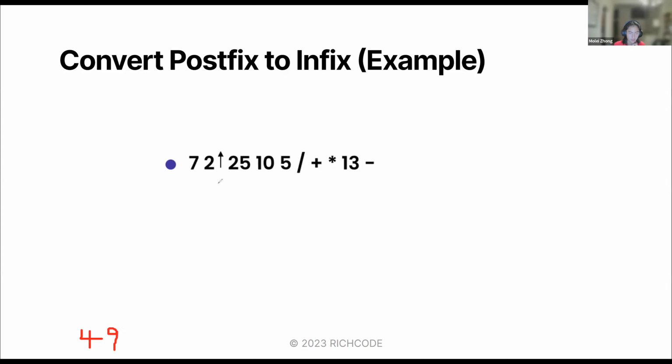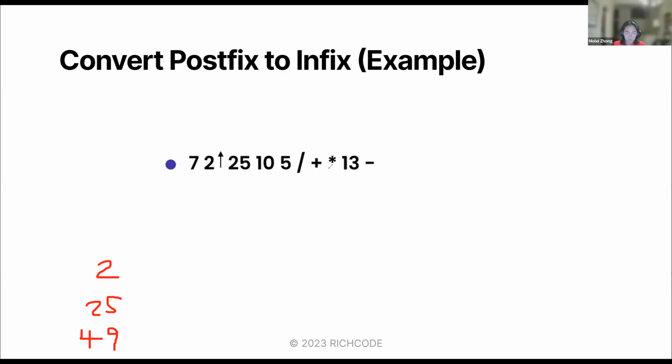That's at the bottom of our stack now. And then we have a 25, and then a 10, and then a 5. And then we have a division symbol. So we take out the 10 and the 5, and we do 10 divided by 5. That is 2.